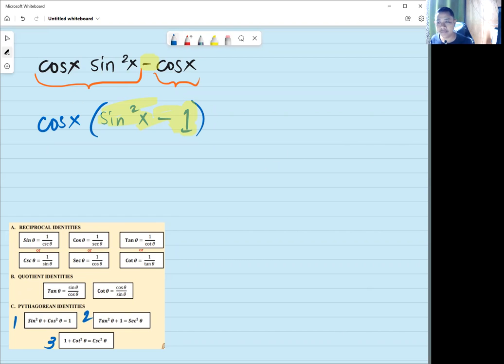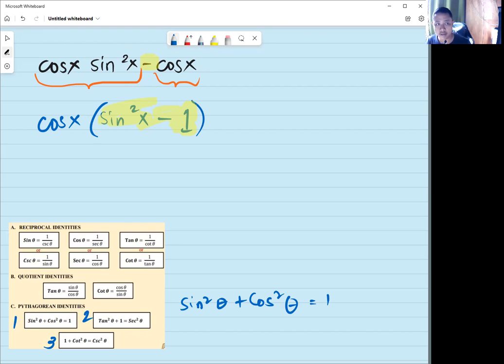1. Correct. So therefore, we will be using 1. The identity number 1, that's sine squared theta plus cosine squared theta is equal to 1. However, we need minus 1, sine minus 1.